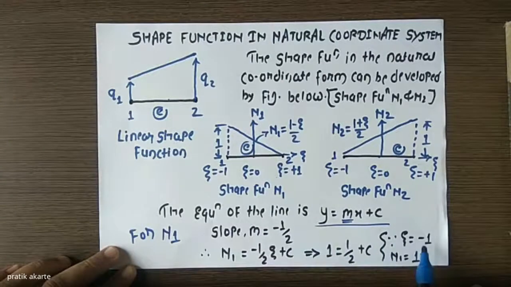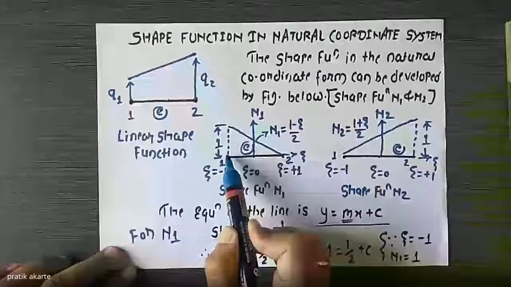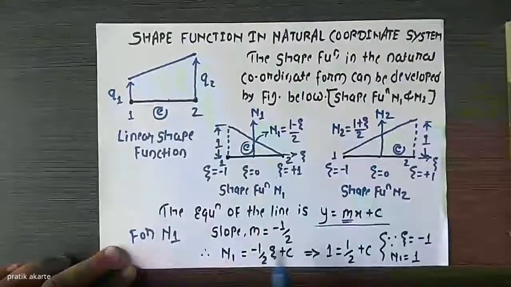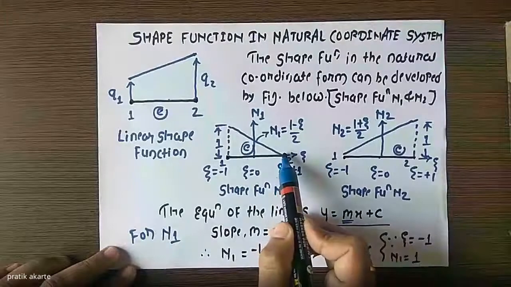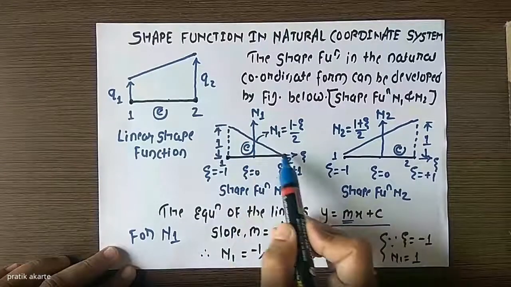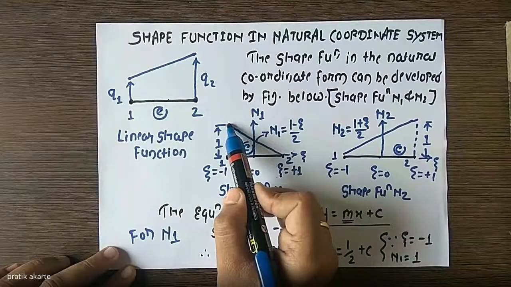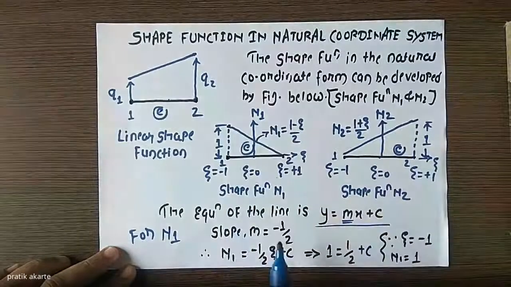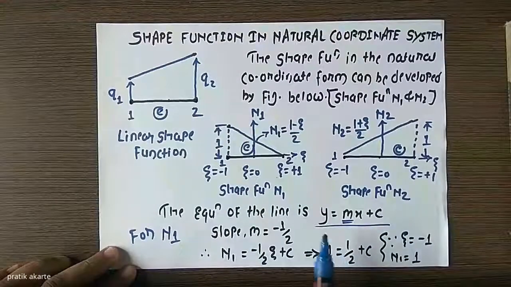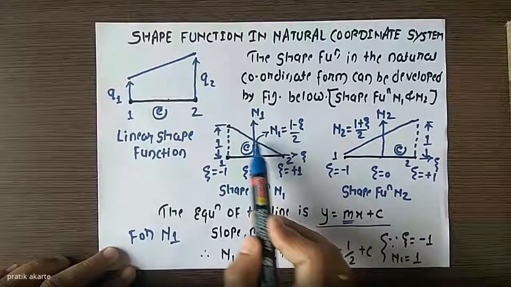Now for zeta equal to minus 1, at this point, what is the value of N1? N1 varies from 0 to 1. So at zeta equal to minus 1, the value of N1 is 1. Got my point? So this is the varying shape function.